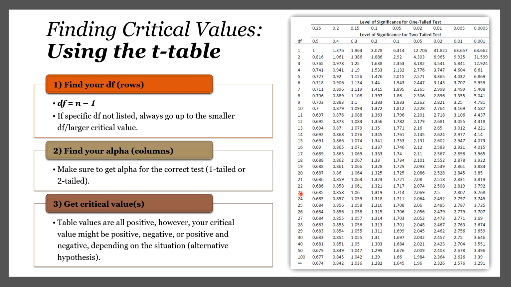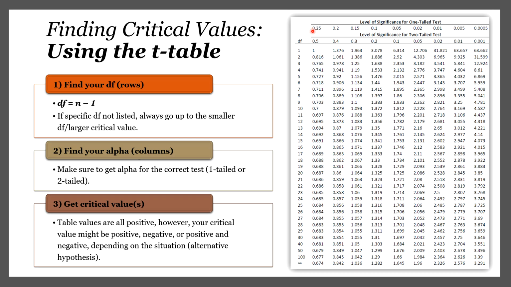Okay, so you find your DF value, that gives you the row. And the column will be your alpha value. Now, unlike the critical z values where we divided alpha by the number of tails, this table already does that for you.